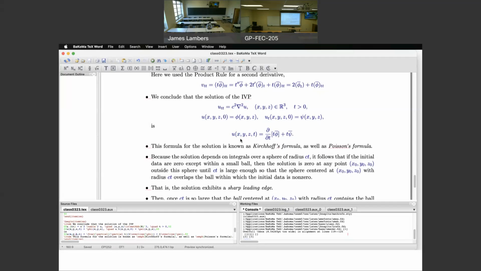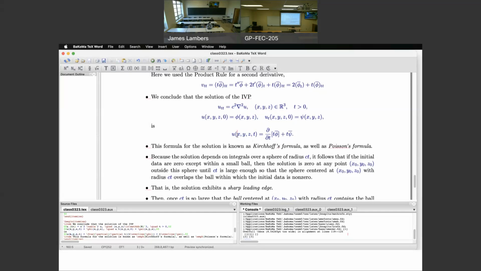So let's suppose the initial data is 0, except within some small sphere, for instance. Well, we're going to look at the overlap between that sphere where the initial data is non-zero and a sphere with this center and radius ct. If those spheres do not overlap, then the solution is 0 at that point.